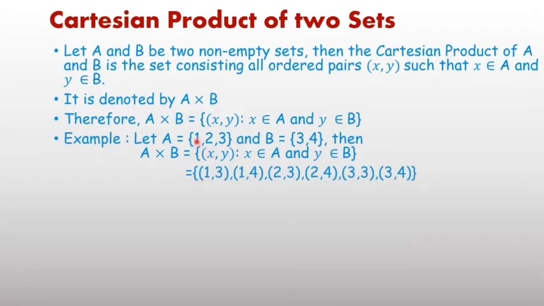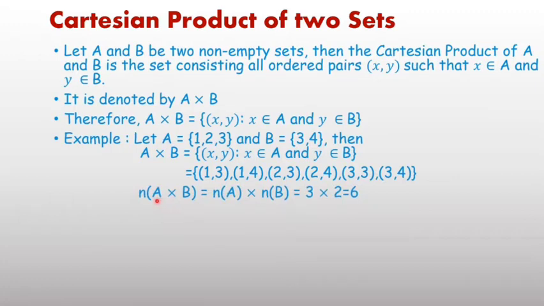If the value of x is 1, then the possible values of y are 3 and 4, that means (1, 3) and (1, 4). Similarly, x = 2 from set A gives (2, 3) and (2, 4). Similarly, (3, 3) and (3, 4). In this pattern, we can write the Cartesian product of two sets, A cross B.